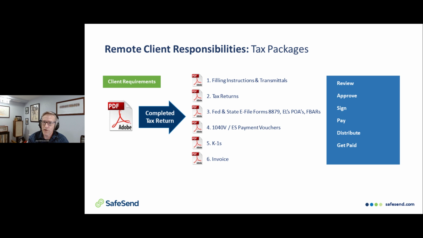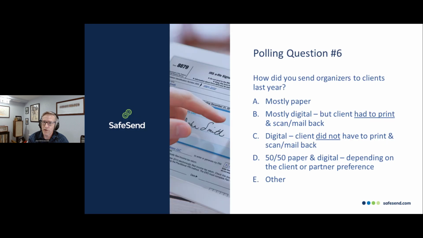We're going to move into this one, and I apologize for so many questions today, and then we'll have a little break from the questions. All right. Polling question number 6. How did you send organizers to clients during the past tax season, or at the head of the last tax season?